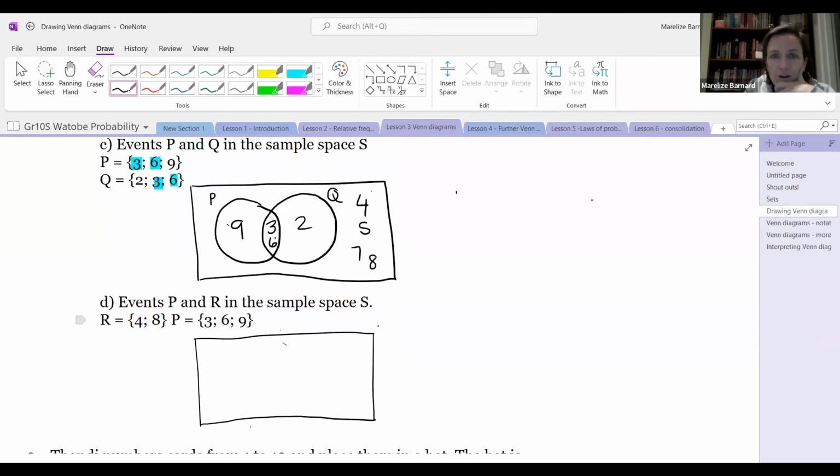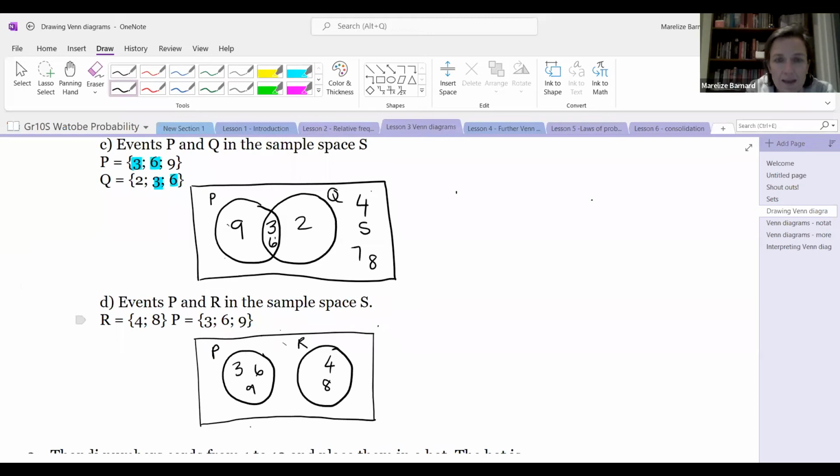Okay, so for R and P, there are no elements in common. So we're not going to show that they overlap because they don't. They've got nothing in common. So it's 3, 6, and 9, and 4 and 8.